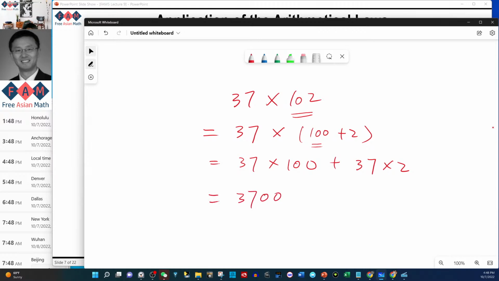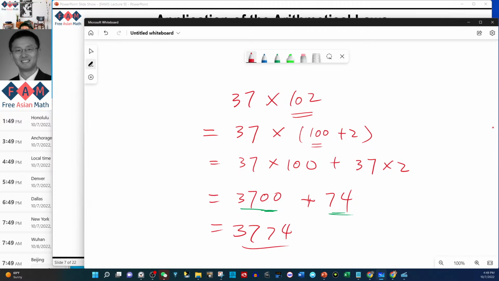37 times 2, well, if you are not super good at mental math, you may do it on paper, but in general, those two-digit numbers times any number, you should try your best to do it just in your brain, okay? So this would be 74. Therefore, you can see that 3700, we have 2 zeros here, and this is a two-digit number, so they add up to 3774.